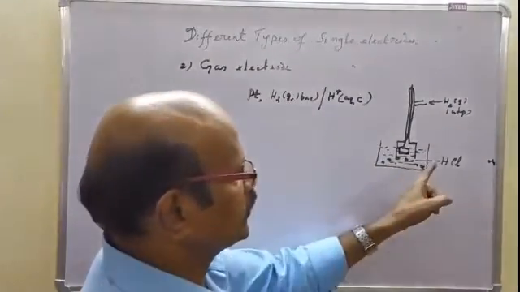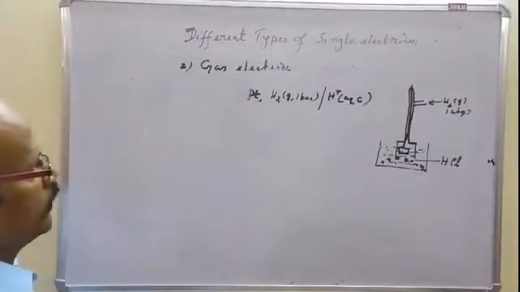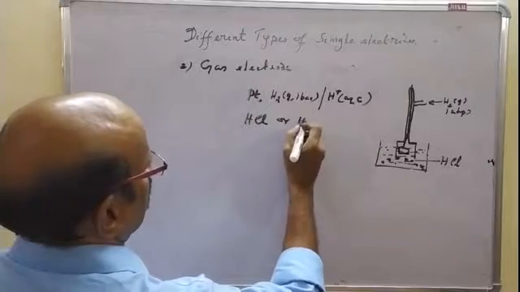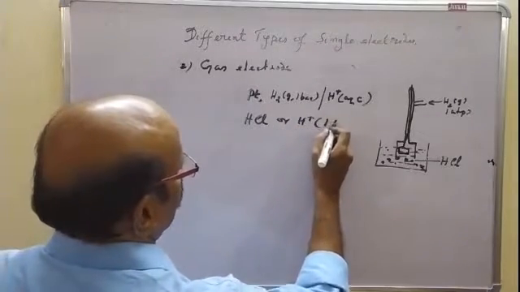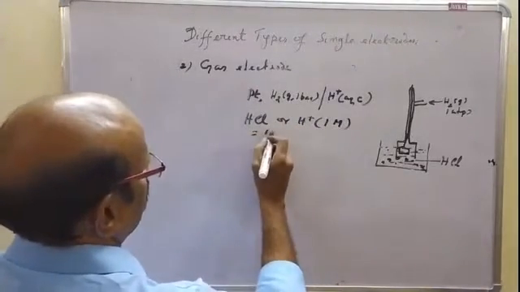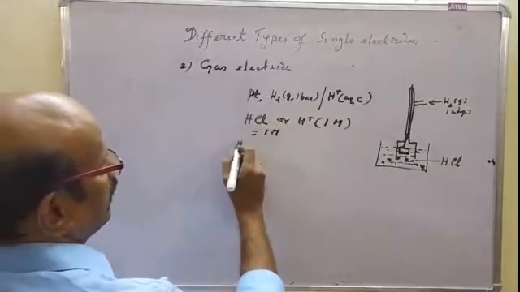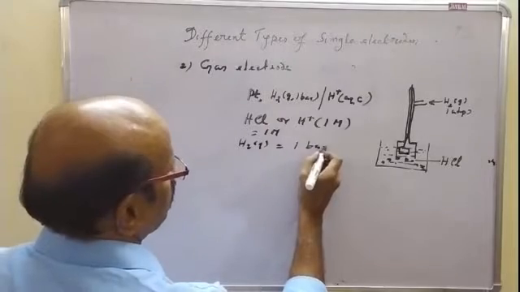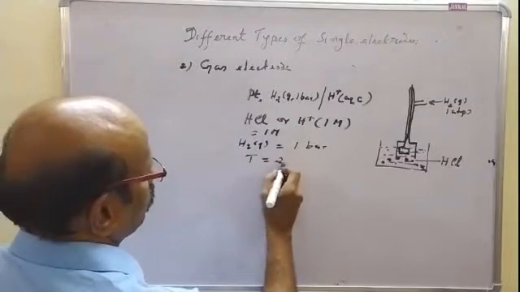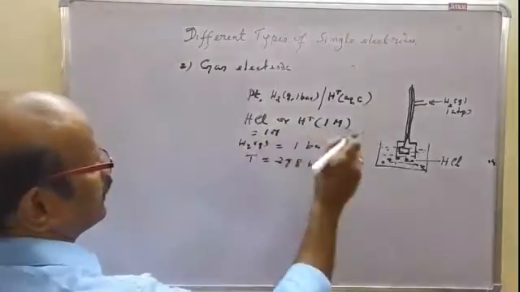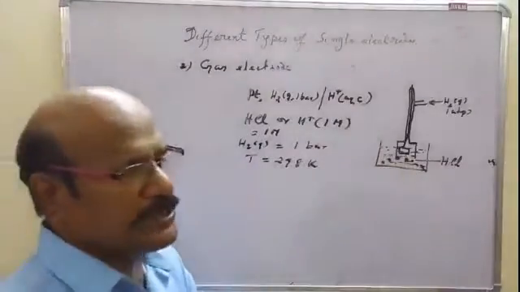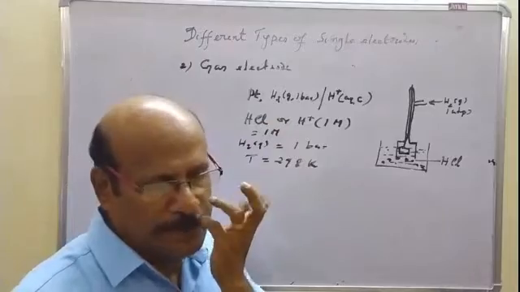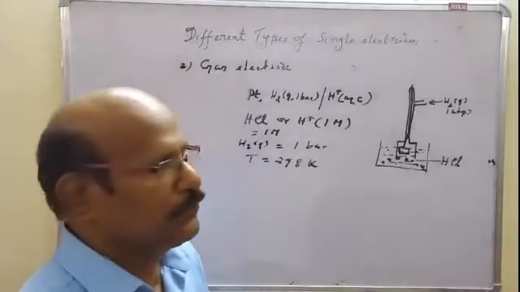Then if the concentration of hydrochloric acid, or H plus ion, is exactly 1 molar, and the hydrogen gas is at 1 bar or 1 atmospheric pressure, and T is 298 Kelvin, then the potential developed between the hydrogen and H plus ion is arbitrarily fixed as 0.